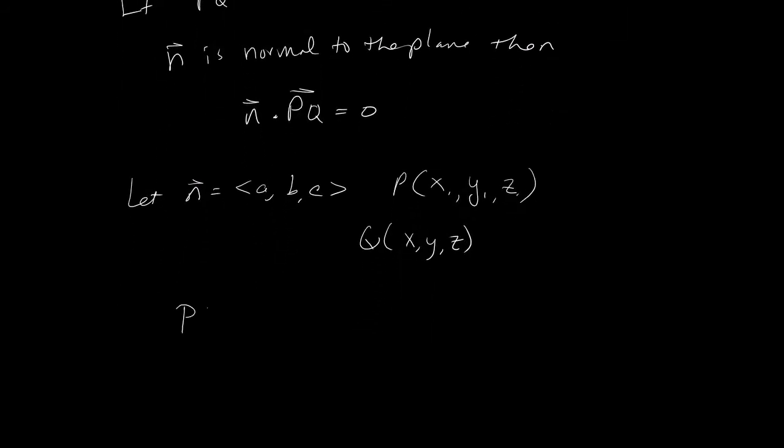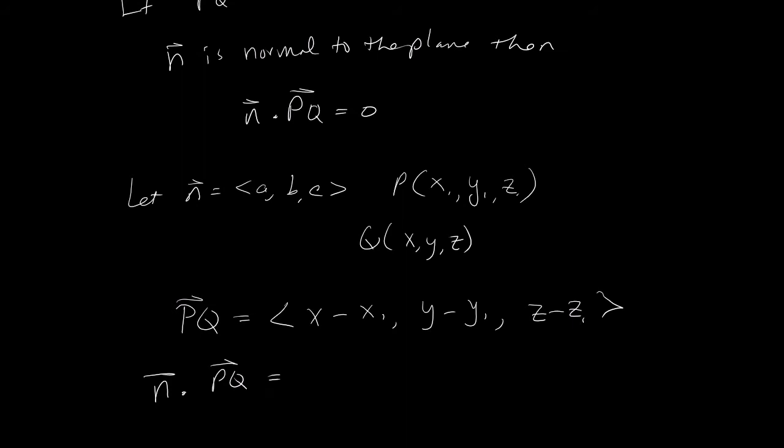So PQ then is equal to the vector x minus x1, y minus y1, z minus z1. Okay, and now we're going to dot n with PQ. So that's going to be A, B, C dotted with x minus x1, y minus y1, z minus z1.